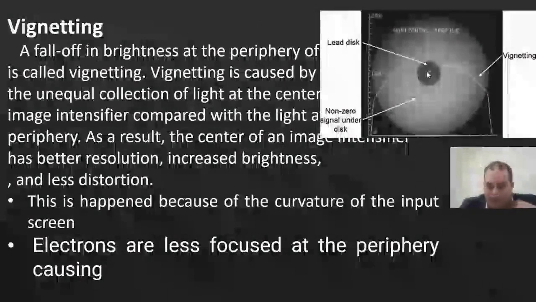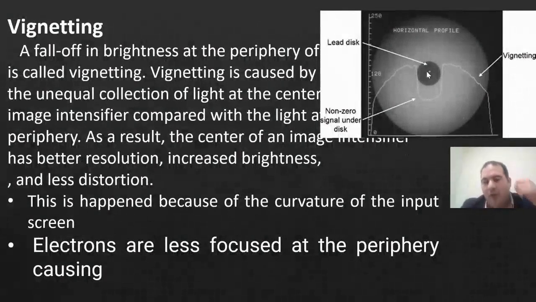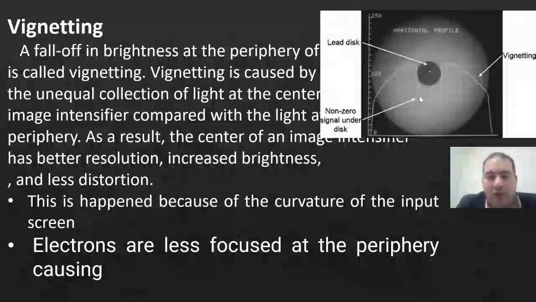It starts by taking something called the line profile. I take a line and start seeing the intensity in each pixel. What is its value? In the line profile that I have here, you will notice that in the area of the lead disc, the value has decreased significantly. This is normal because the intensity here is low due to the presence of the lead disc, which is causing radiation absorption.